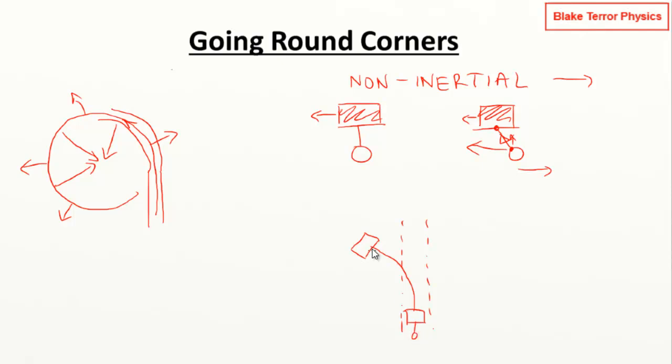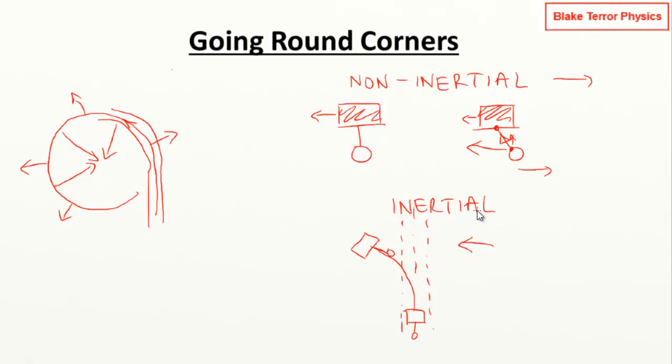It's hanging straight down there, and it's hanging off to the side when we're over here because it needs that component of the tension, but it's still moved to the left with respect to the road, with respect to the straight line of the road. So if we're in the inertial reference frame of the road, the air freshener has actually moved to the left, just not quite as quickly as the rear view mirror has. So which direction the air freshener has moved in depends on which frame of reference we're using.